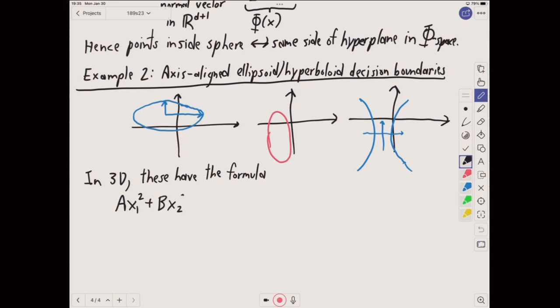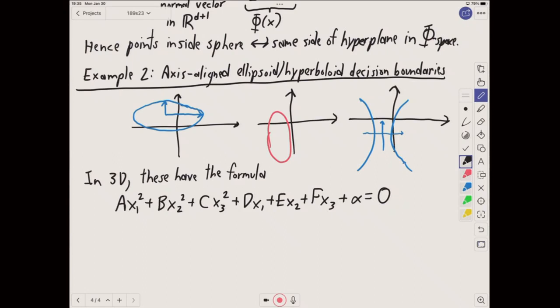So we're going to fix some real numbered constants, A, B, C, D, E, F, and our bias term alpha.